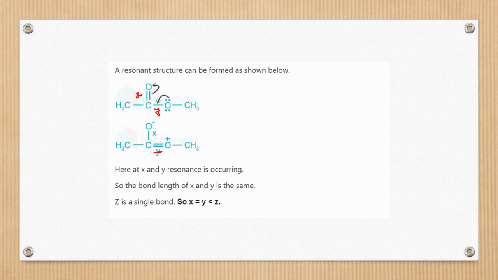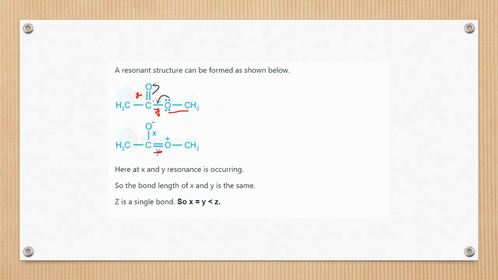So X and Y length should be the same because there is constant resonance. But if you talk about this OCH3 bond, then it should be a single bond. So just tell me, the double bond is smaller than the single bond.